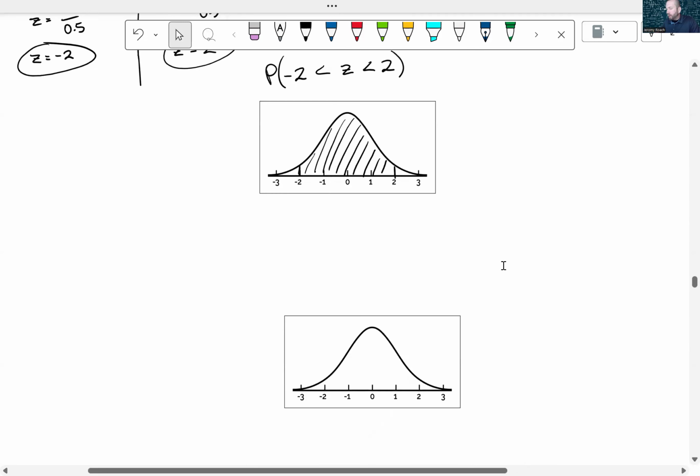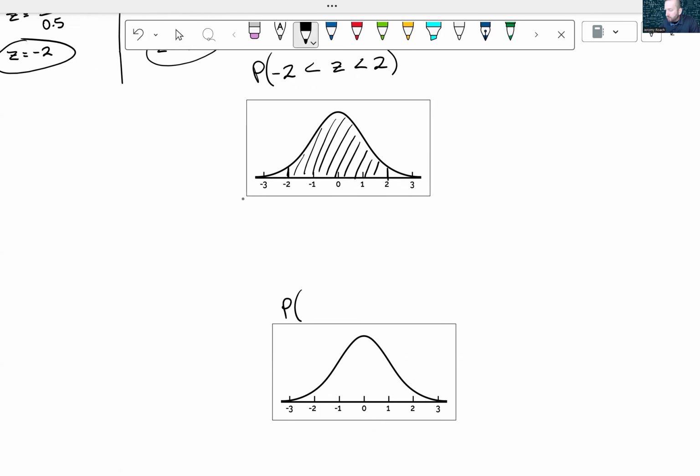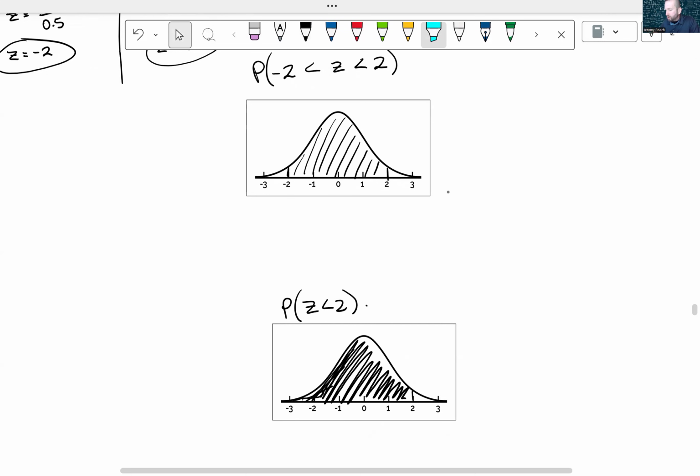What we're going to do is find the probability that z is less than 2, which would be all of that. And then we're going to subtract out the probability that z is less than negative 2. So we're going to subtract out this stuff there.